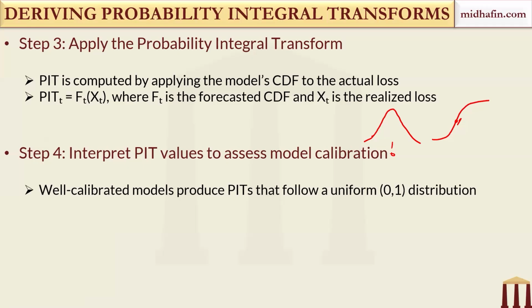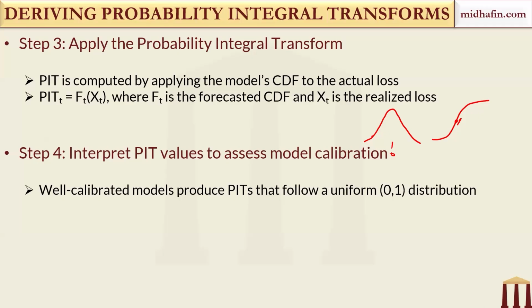So when you actually apply the CDF to your actual losses, it flattens out the curve, and it translates your observations into evenly spread percentile ranks. Because in any case, the losses around the center, the center is also quite thin.